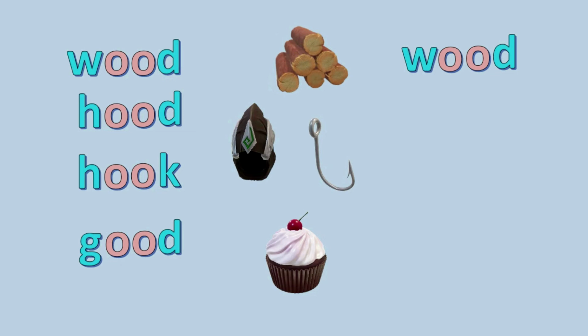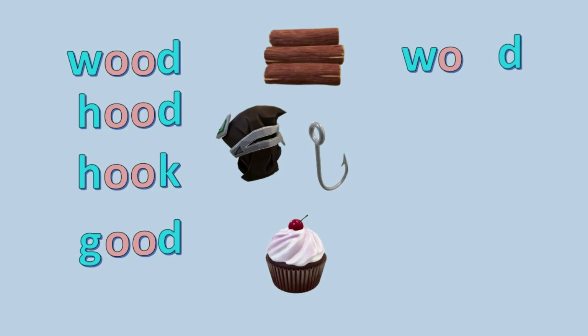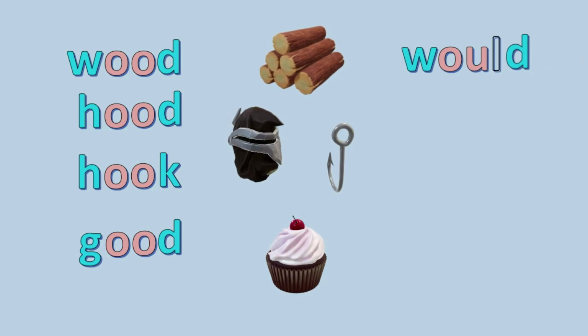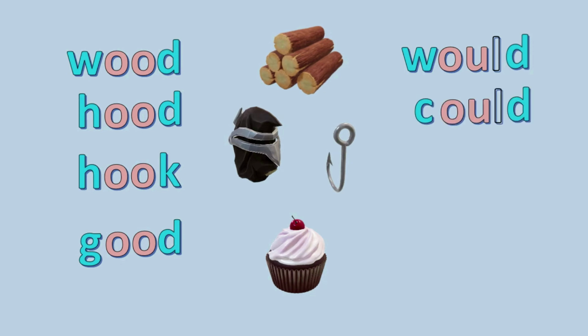Instead of using two O's, this wood uses one O, a U, and a silent L. But the O, the U, and the silent L make the same sound as the two O's. So the sounds are still d. And the word is still wood. And if you would, then you could, and you should.